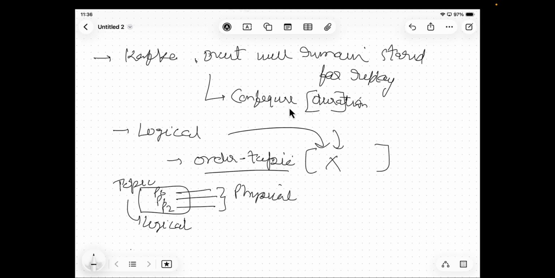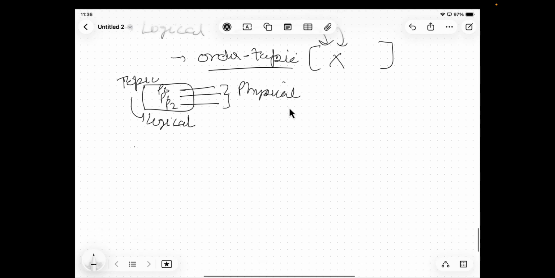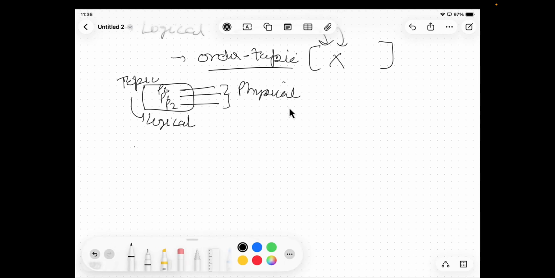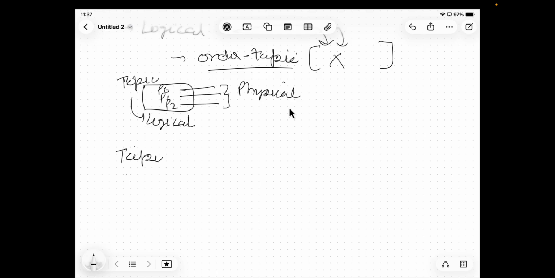When we create any topic, we are going to have some configuration. When you create a topic, you are going to give some configuration parameters like the number of partitions, and replication factor.